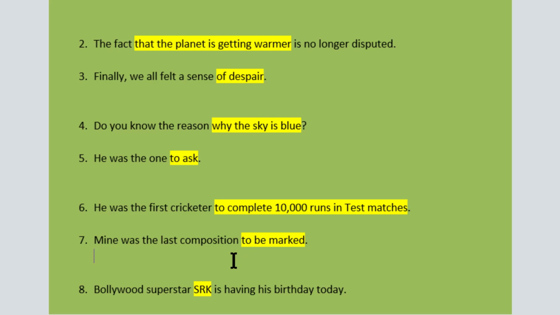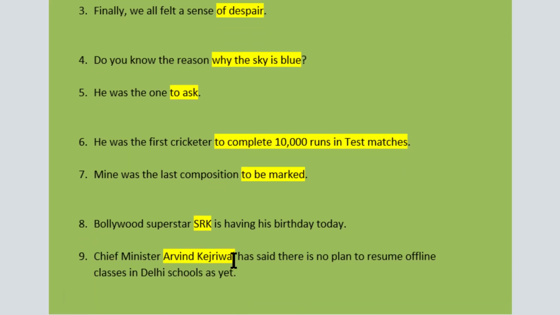Now move to the eighth one. Bollywood superstar SRK is having his birthday today. Here SRK is an appositive and is renaming the previous noun superstar. Bollywood superstar, SRK is just renaming superstar.